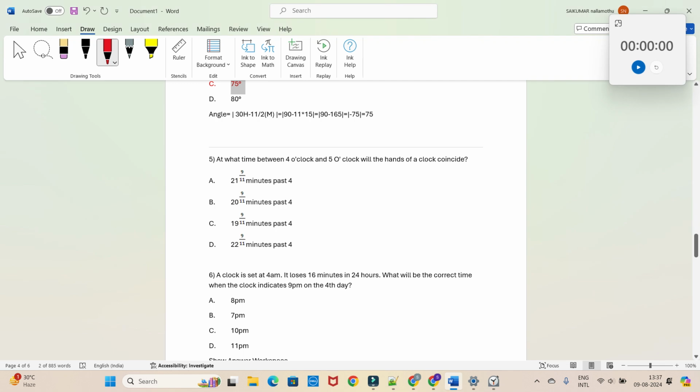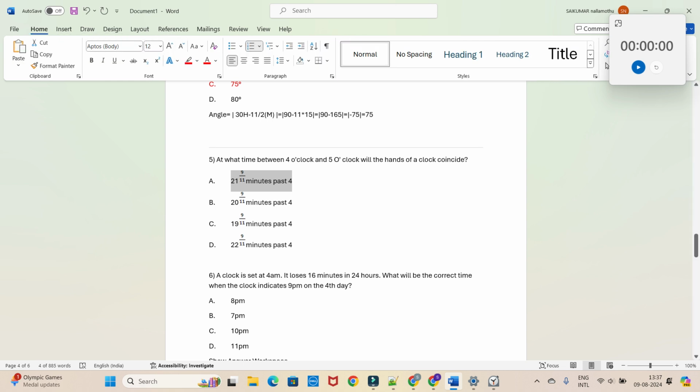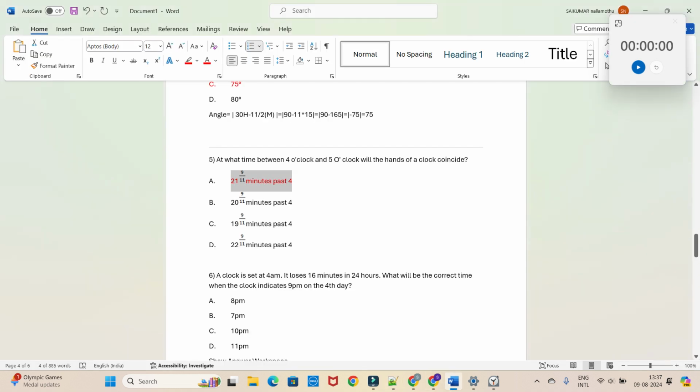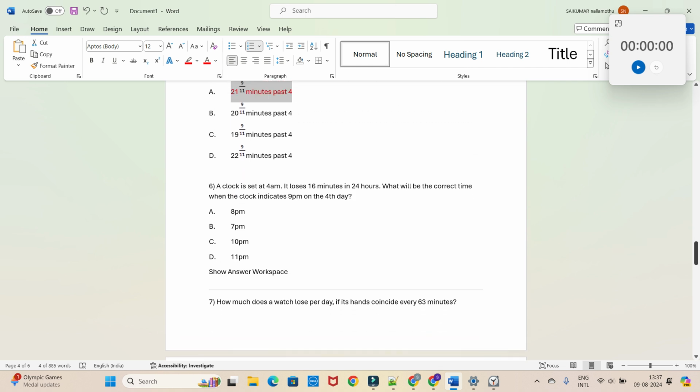So this is option A. There is only one option with 21 here. 55 ones are in there, so 1 is going to come here, 20 plus 1 is 21. The only option with 21 is this one. So we have just gone through the elimination method to get it easily.